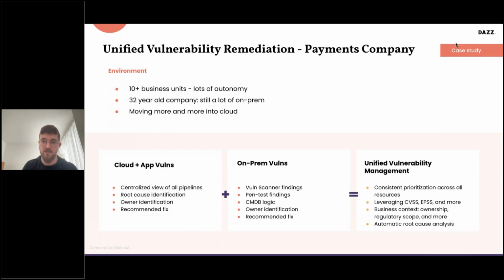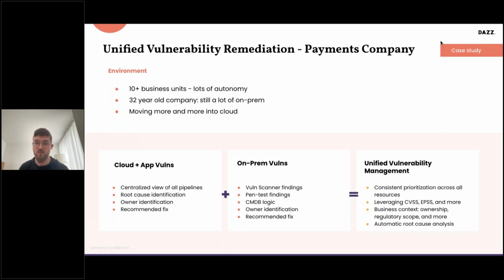So just to give you an idea of how it works in an actual environment, this is one of our customers in DAS. They're in the payments industry. They've built what they consider to be a unified vulnerability remediation program, which combines some of the concepts from CTEM and ASPM, and they focused heavily on prioritizing vulnerabilities because they have to work with a lot of different business units.